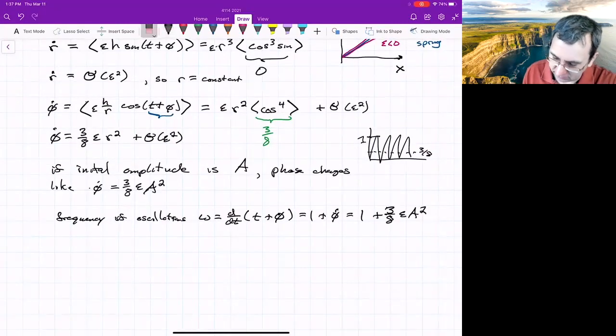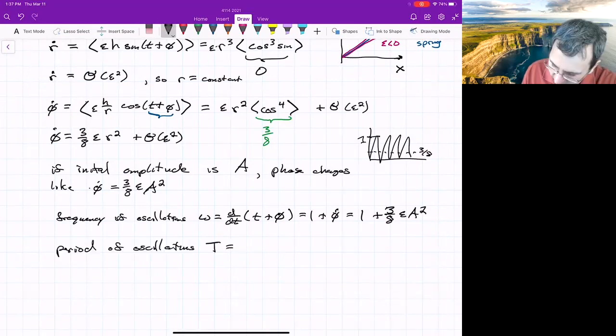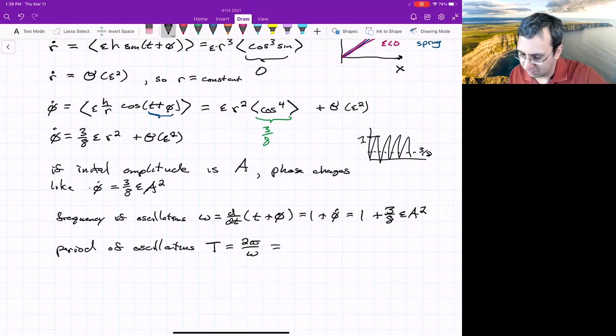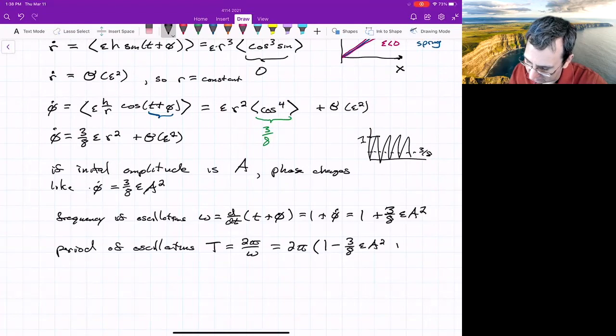It's sometimes easier to think of that in terms of the period of oscillations, capital T, which is 2 pi over omega. Using a hopefully well-known Taylor series expansion for 1 plus something small raised to the negative 1, you get 1 minus 3/8 epsilon a squared plus maybe some other things of order epsilon squared. But to leading order, the period of oscillations depends on the amplitude.